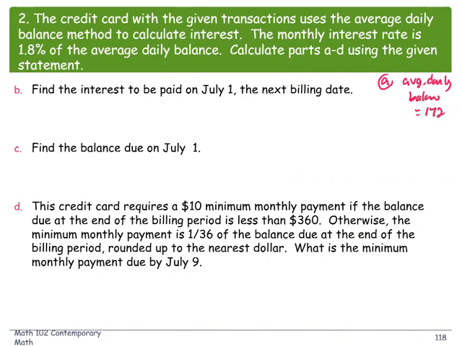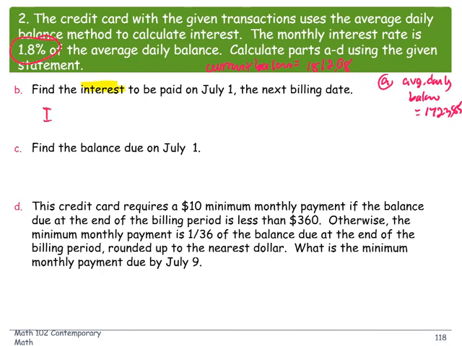From part A, the average daily balance is 1723.85, and the current balance, which is on the last row, is 1812.08. For part B, to compute the interest, the rate is 1.8%.